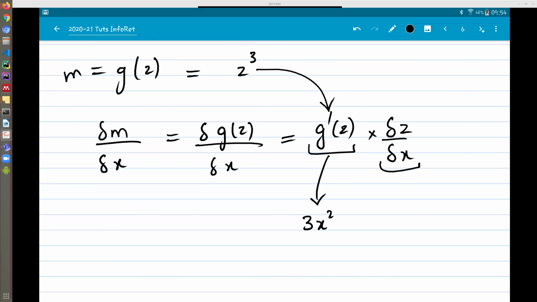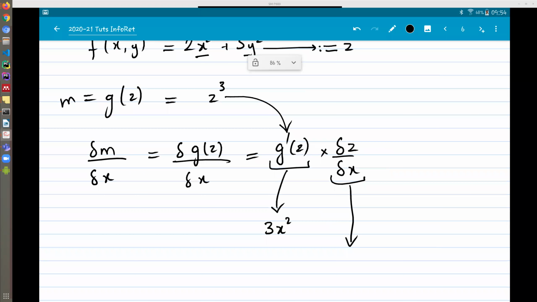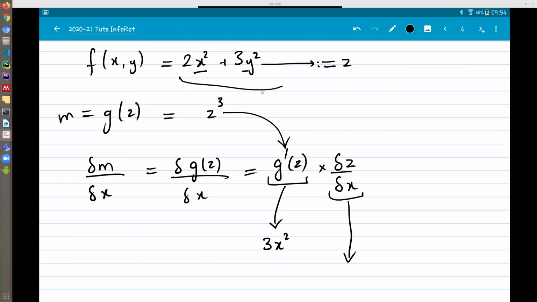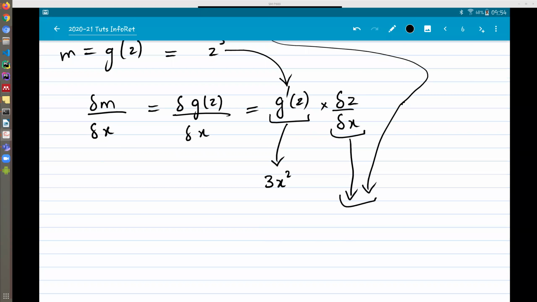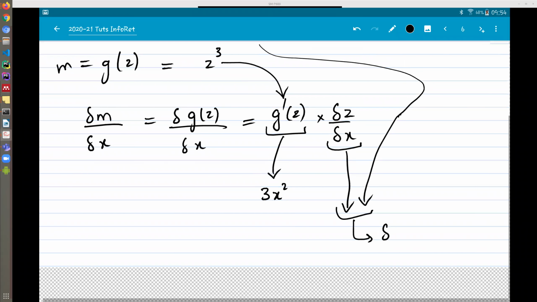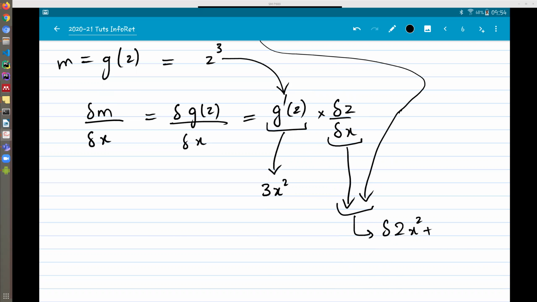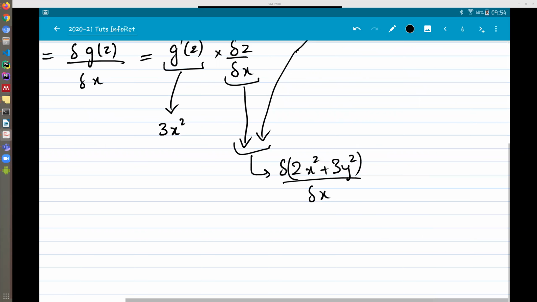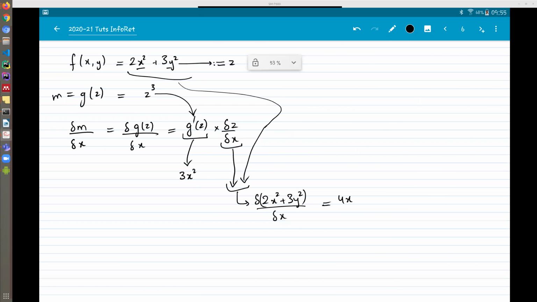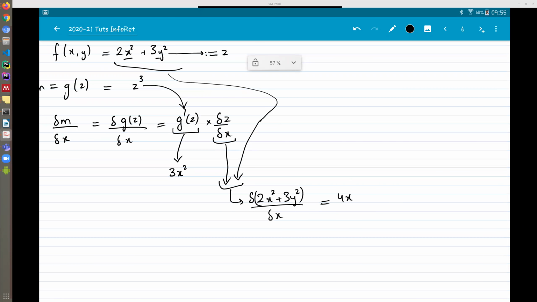And now here we see that z was equal to 2x square plus 3y square. So this term becomes partial of 2x square plus 3y square with respect to x. And we know here the only term that matters is this x term, so this becomes 4x, right? So this is how the chain rule works.